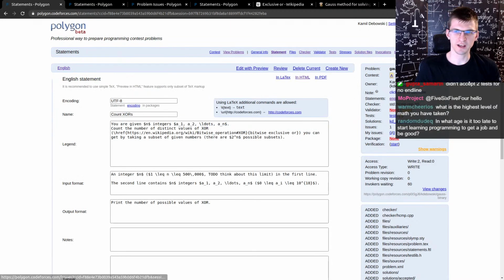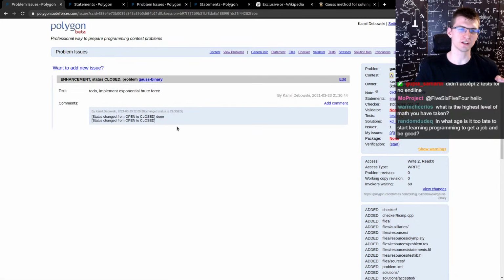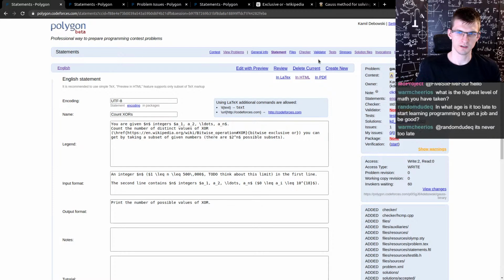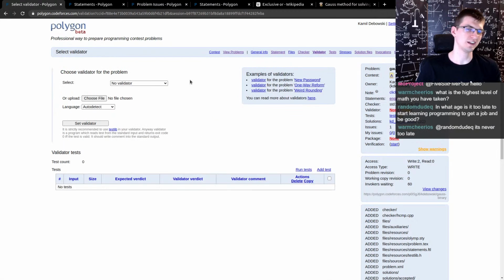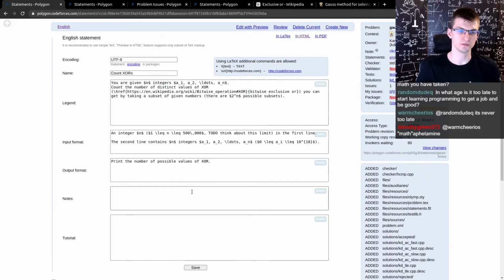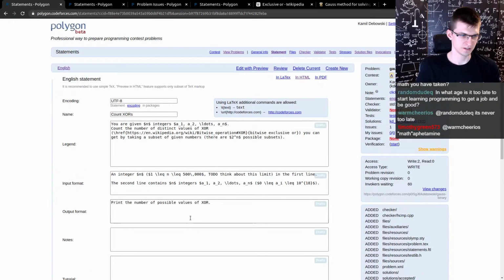Anyway, I added an issue. Issues you can use as a to-do. Whenever you see that something needs to be done, I'm not putting there information that a validator needs to be added, because Polygon, anyway, when you commit something, warns you that you didn't add a validator.